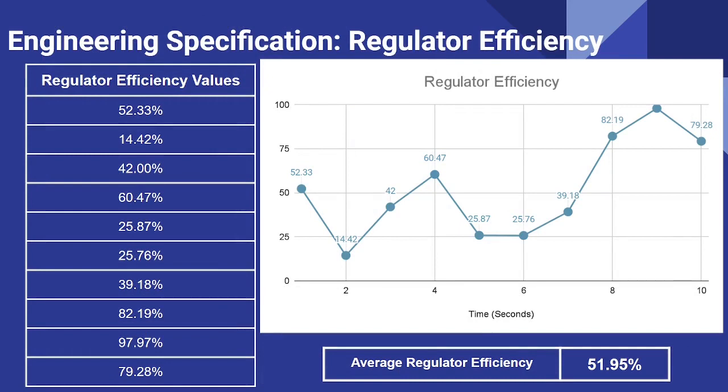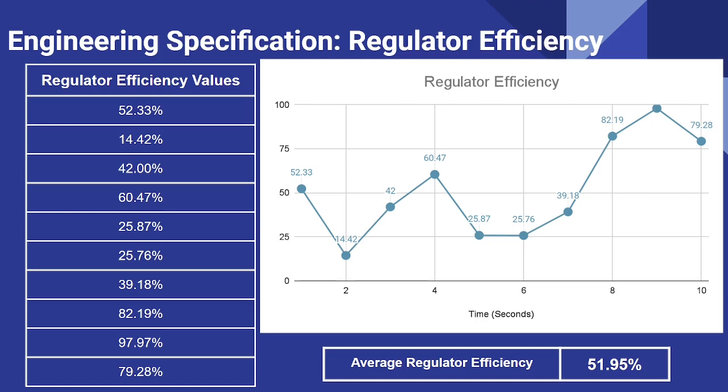So here we've got our output regulator efficiency measured by comparing the input of the regulator to the output, which more specifically means the raw DC signal coming out of the rectifier versus the regulated signal after the rectifier, in order to tell how well our regulator is functioning.